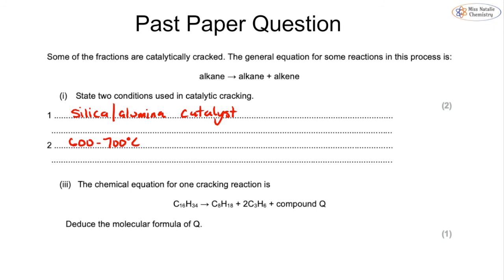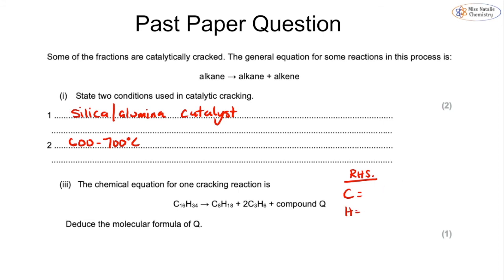And the chemical equation for one cracking reaction is C16H34, giving you C8H18, two C3H6s, and compound Q. And we want to deduce the formula of compound Q. So the first thing I'm going to do is look at the right-hand side of the equation, and count my carbons and my hydrogens.